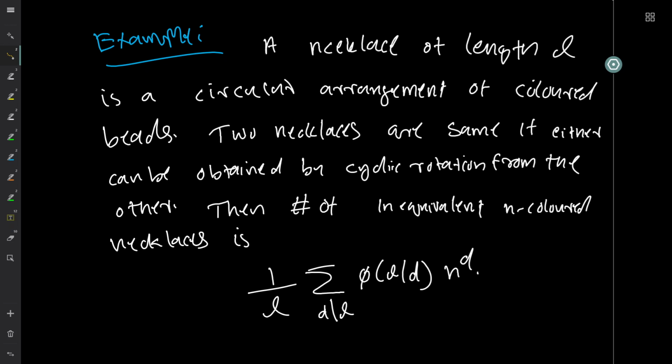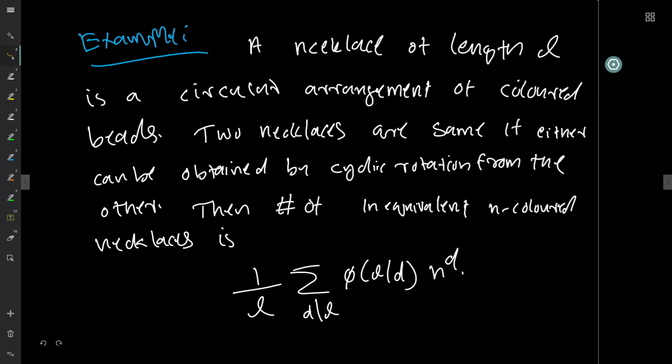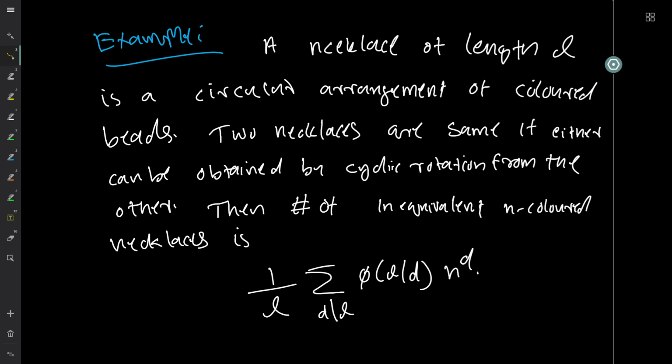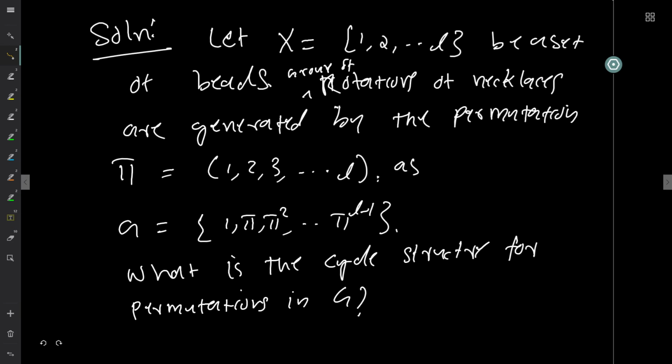So if you want to apply Polya's theorem, we want to look at the cycle index of the group. So let us find the cycle index of the group that we are looking at. The group is the group of rotations, for the L cycle.